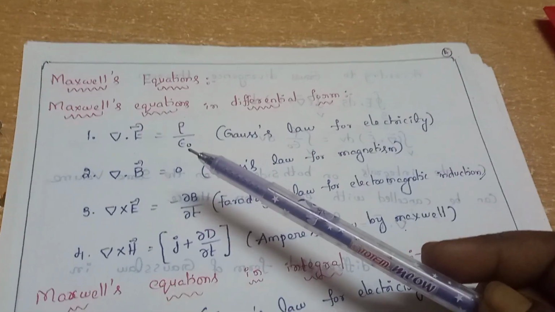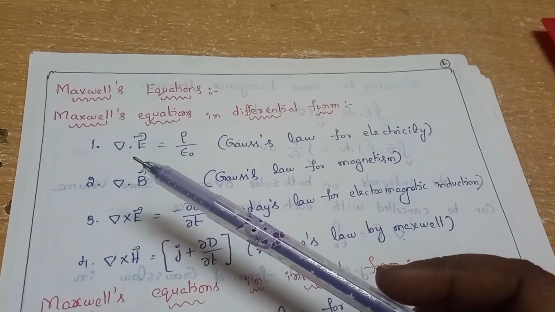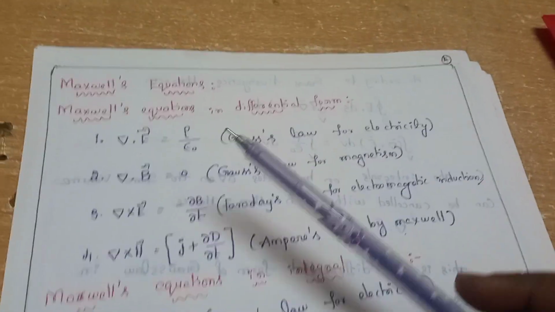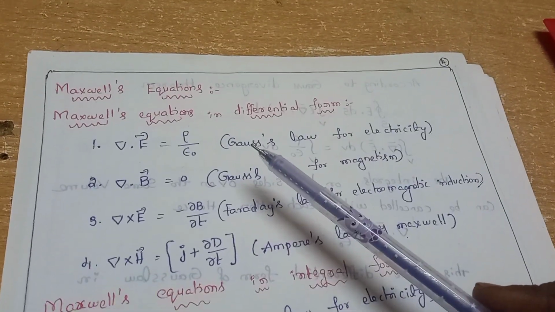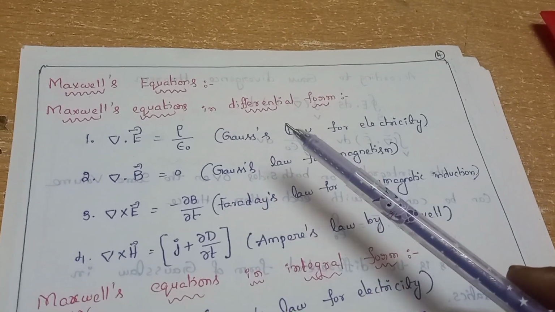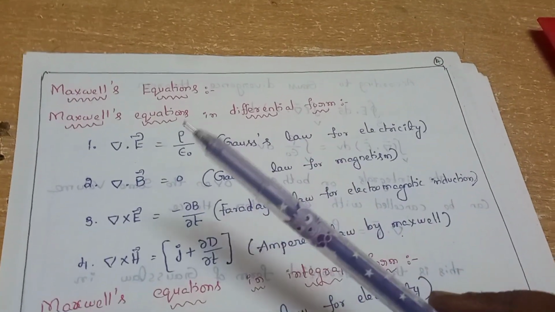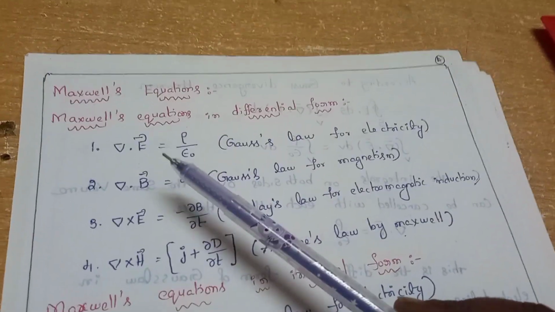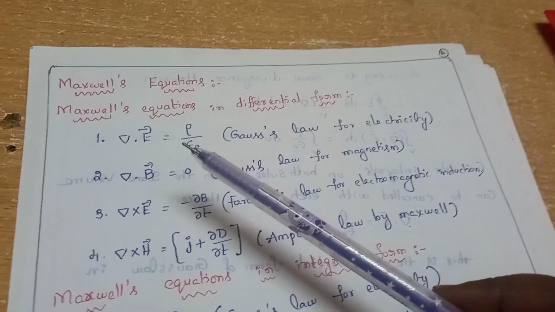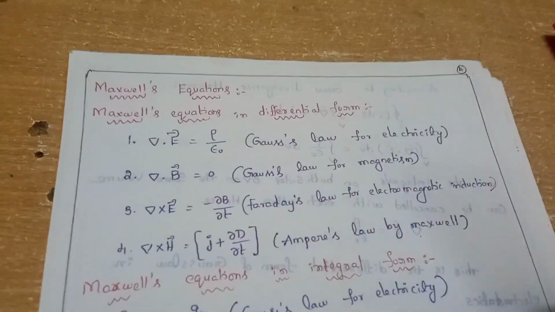Epsilon naught is a constant. The first equation was proposed by the great scientist Gauss, so it is called Gauss law of electricity. Gauss law of electricity is the equation del dot E is equal to rho by epsilon naught.